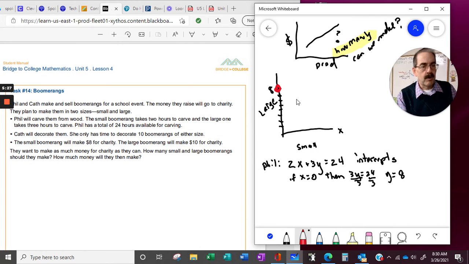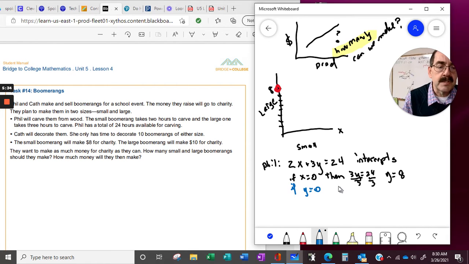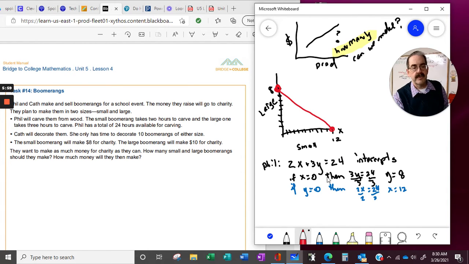If he makes no small, he makes 8. If y equals 0, then 2x equals 24. Divide by 2, divide by 2, x equals 12. Let's go back to black: 1, 2, 3, 4, 5, 6, 7, 8, 9, 10, 11, 12. Got our red dot. Tie it together. So this is Phil.